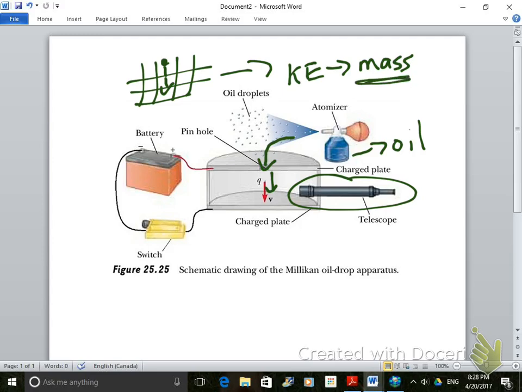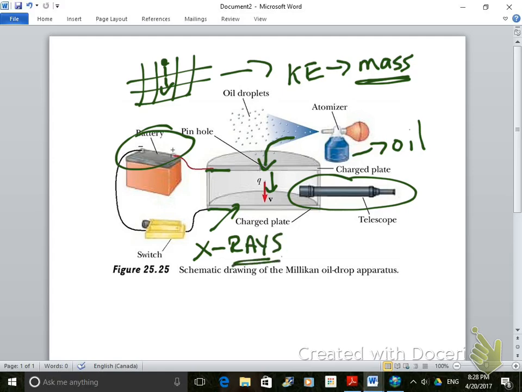So then he knew the mass of the oil droplets coming through, and once he figured that out, he could use a battery and create charged plates above and below where the oil was being dropped through. At the same time, in this area, which is not shown in the diagram, he would fire X-rays through it.